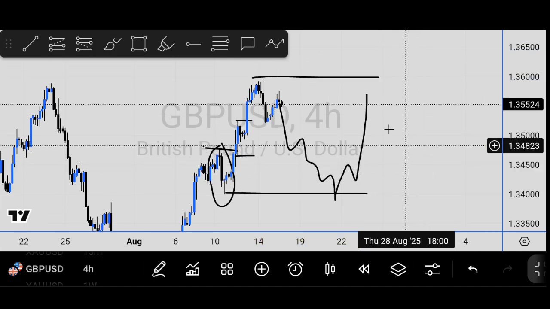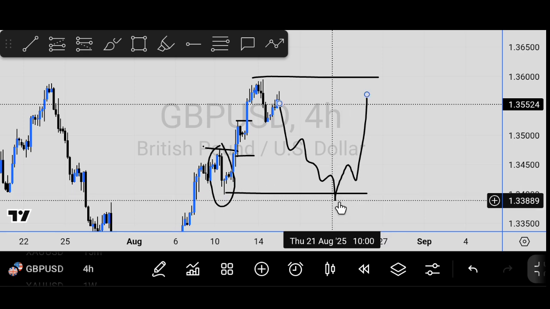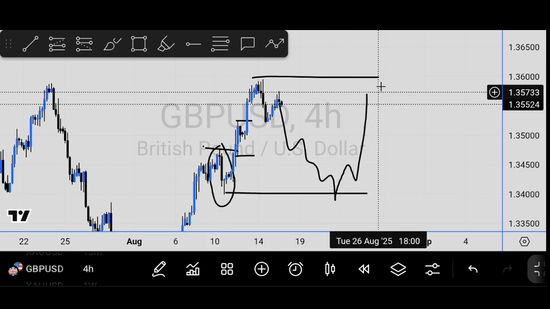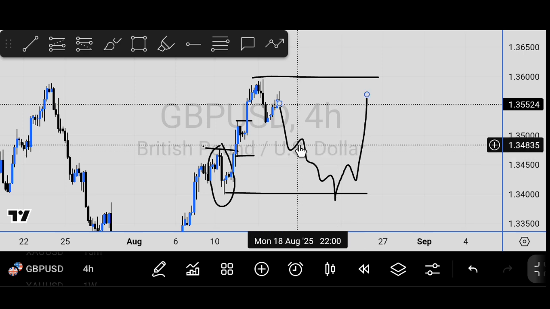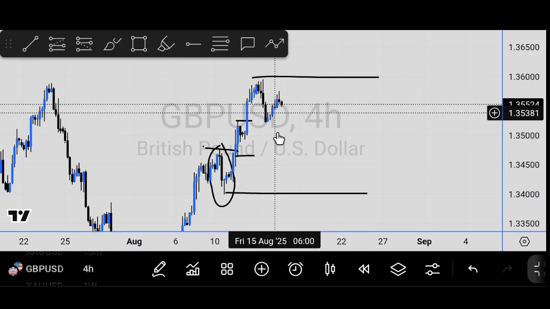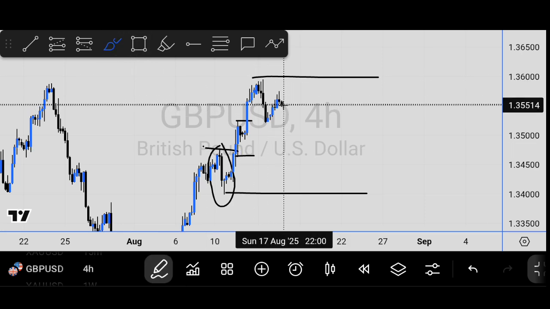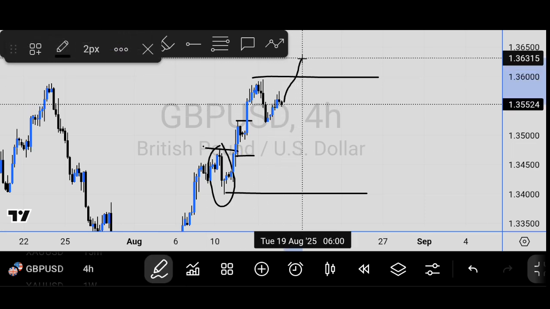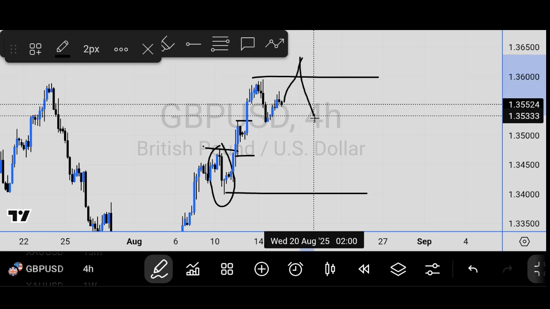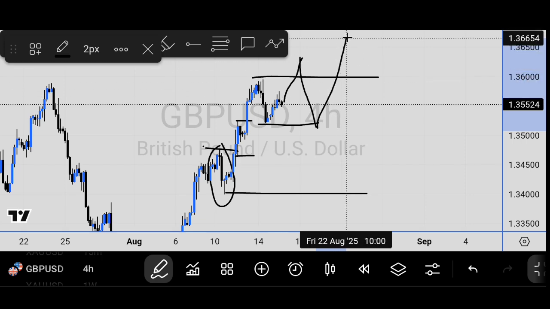So two things: either price comes down, takes out this change of character, takes liquidity from this zone and goes up, or our sell setup here fails. If our sell setup here fails, that is price goes higher like this, we would have a break of high, and then price can come take liquidity below this zone and go up.